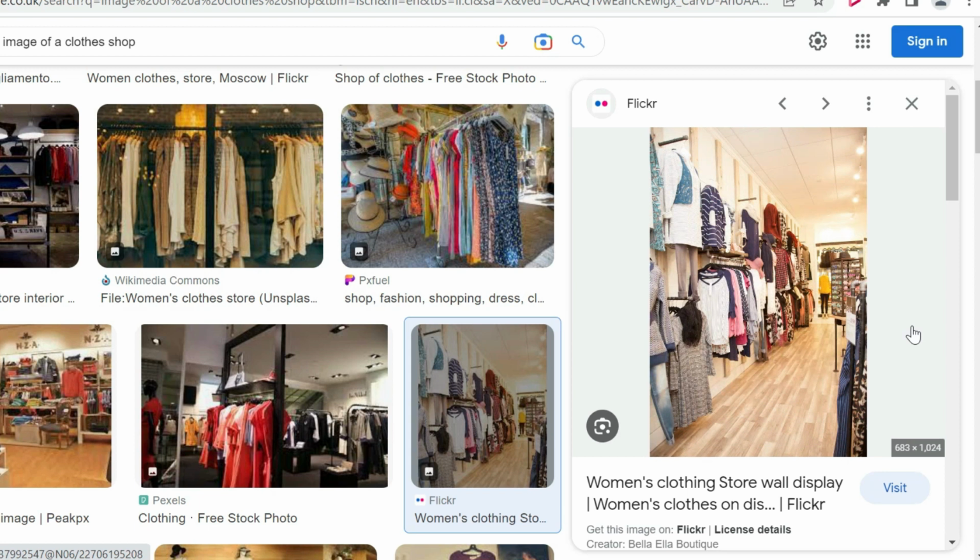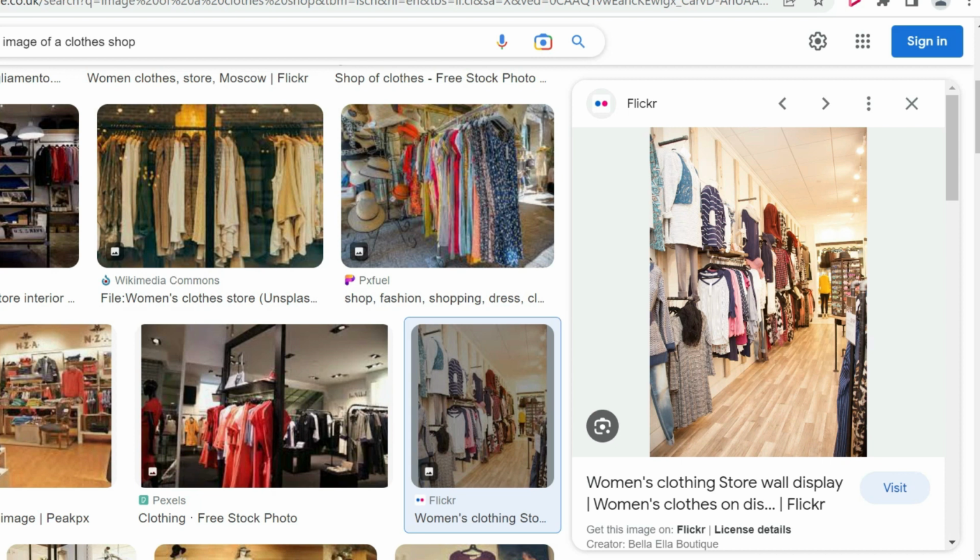Yes, that is right. You will go to buy clothes in a shop, in a clothes shop. And what would you do at the clothes shop? You will pick out clothes. And what happens after you've picked out your clothes?